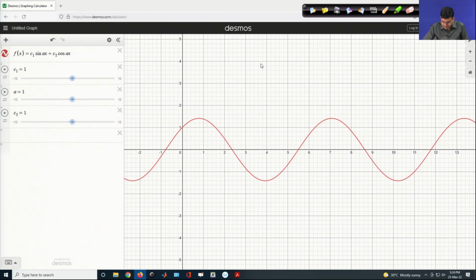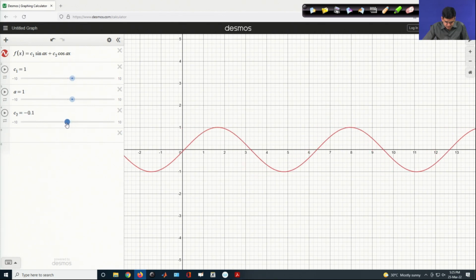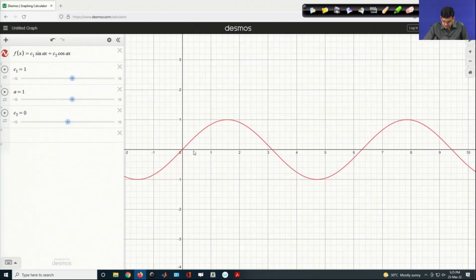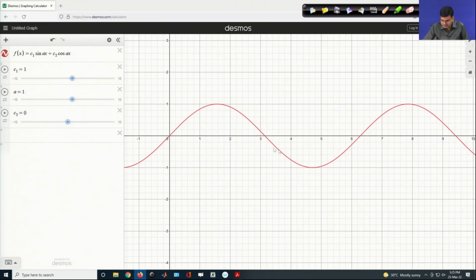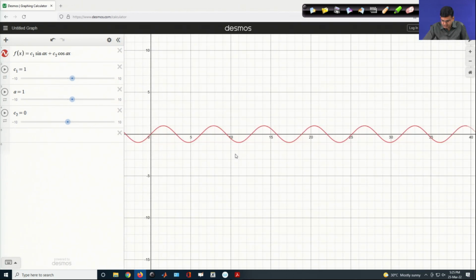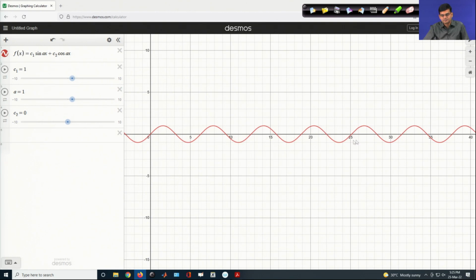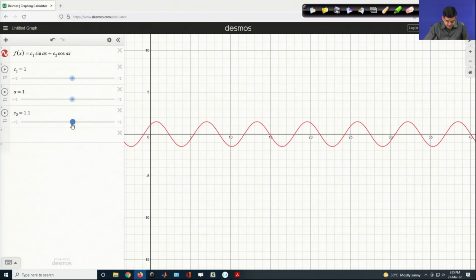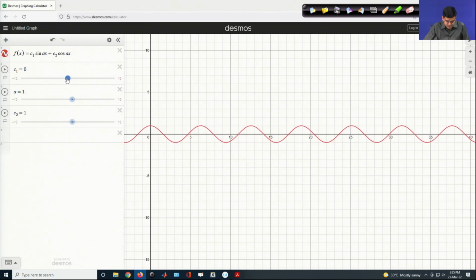This itself is very clear, but let me first make C 2 zero. When C 2 is zero, you have a pure sinusoidal behavior, and you can see this behavior continue in time, pure sine. Then I make C 1 zero and C 2 some non-zero value, and you see a pure cosine curve.